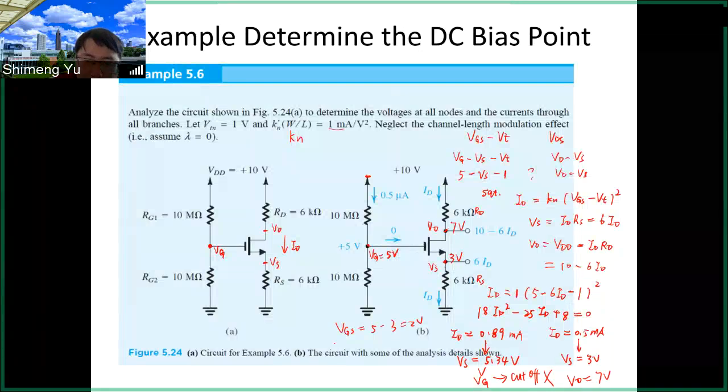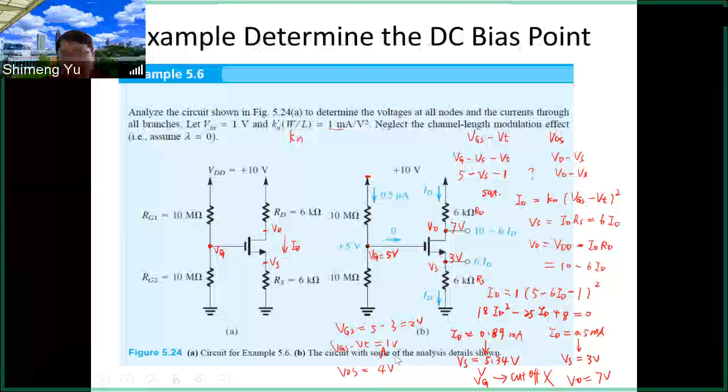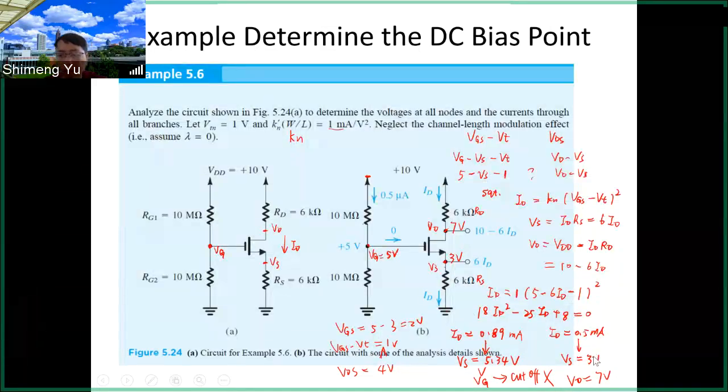VGS minus VT is 2 volts minus 1 volt, which is 1 volt. And VDS is 7 minus 3, so it's 4 volts. This 4 volts is larger than VGS minus VT, so this indeed is in the saturation. So here you get this solution.